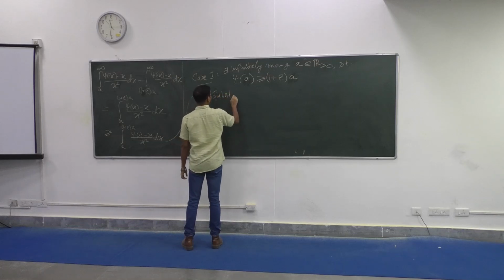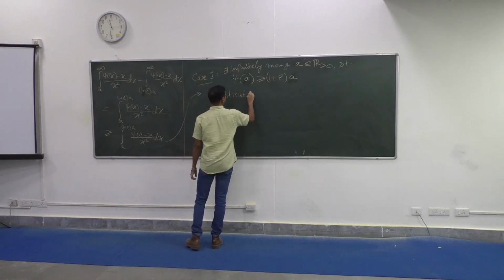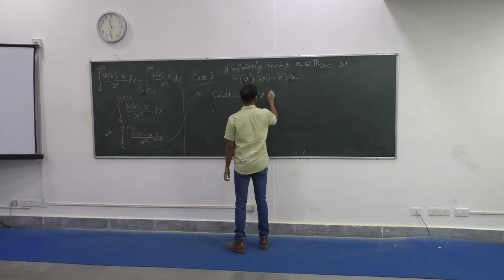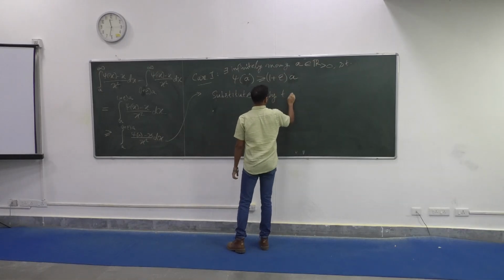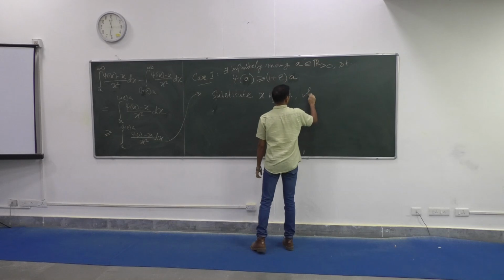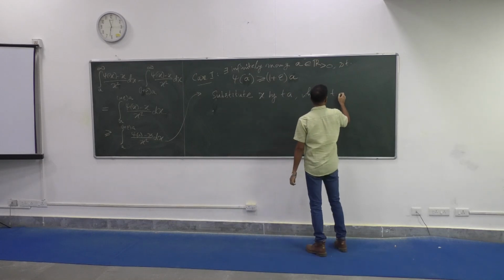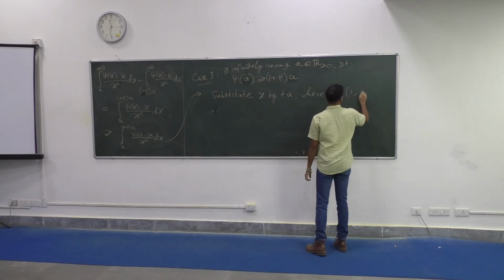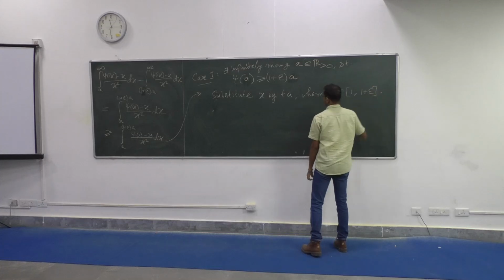Substitute x by t times a, where t ranges over 1 to 1 plus epsilon.